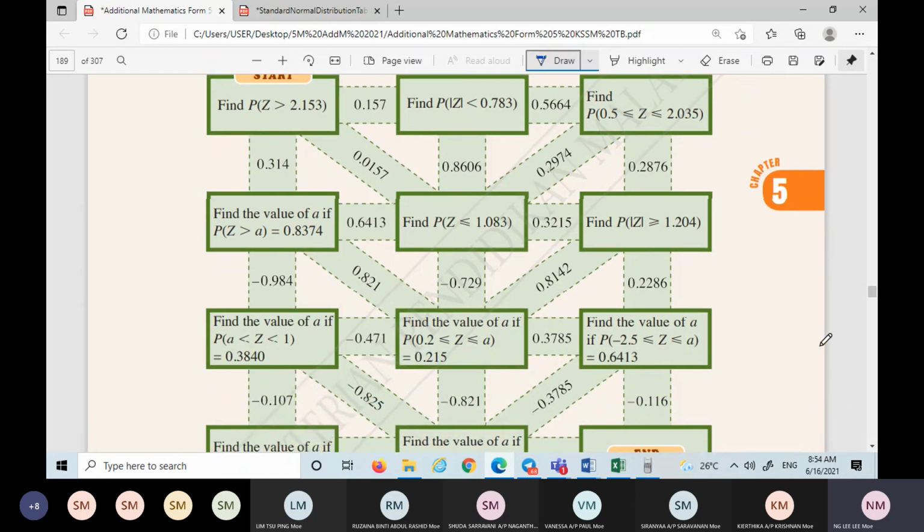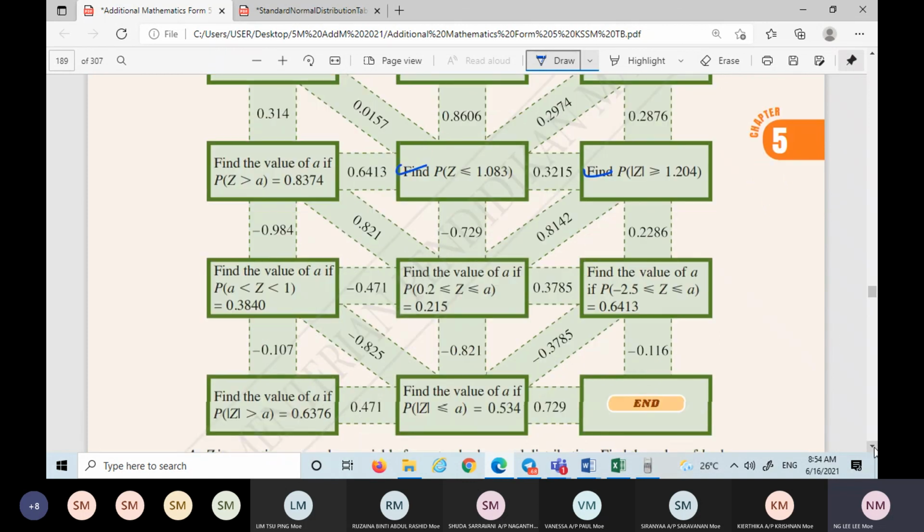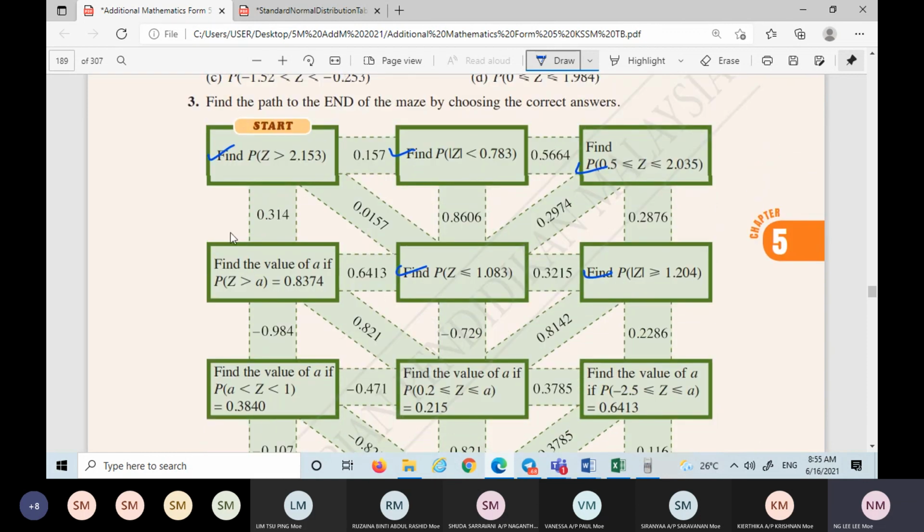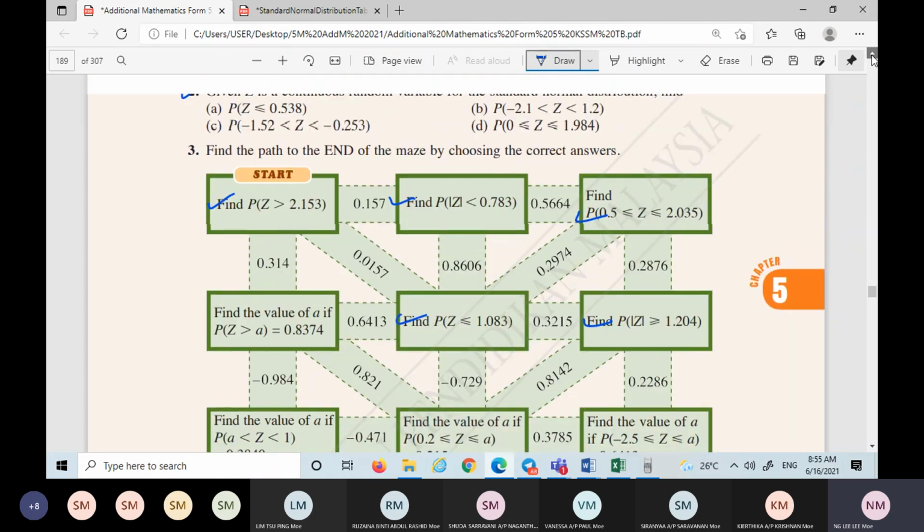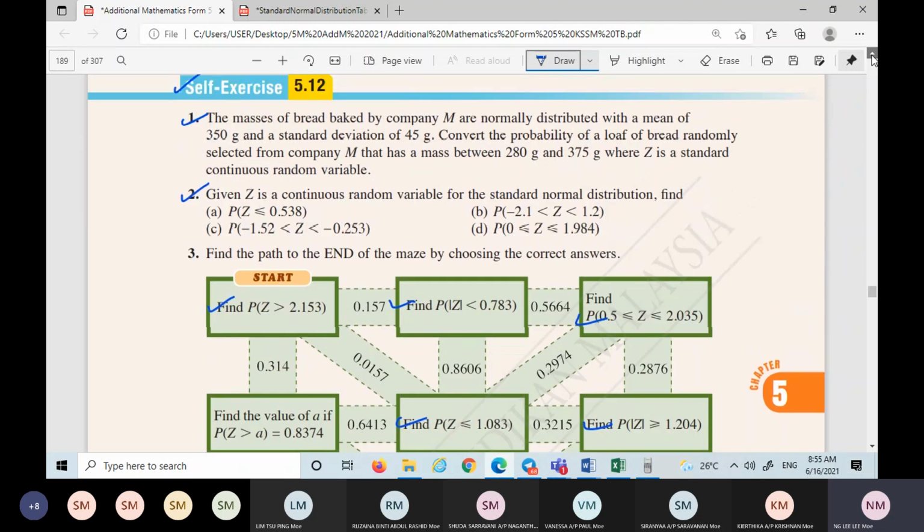I don't know if you can do part of it or not. If you can, this means you can do this, this, this, this, this. This one cannot, this one cannot. So you just do extra 1, 2, 3, 4, 5. So I repeat, question 1, question 2, and question 3. You can do 5 questions.